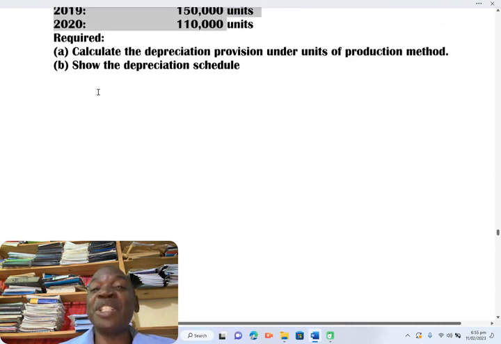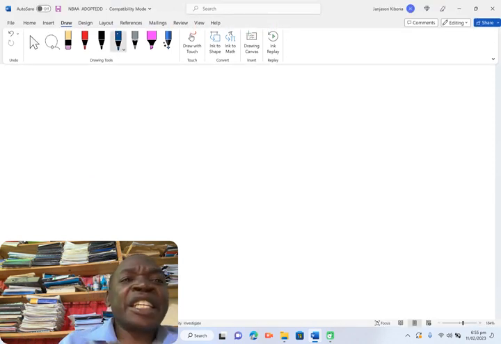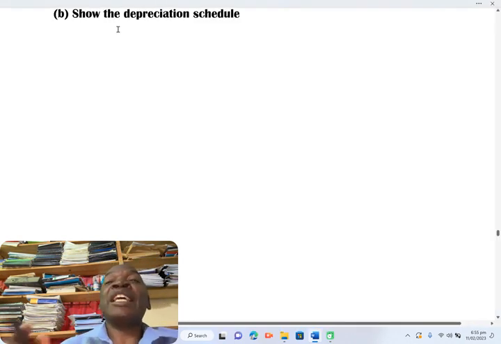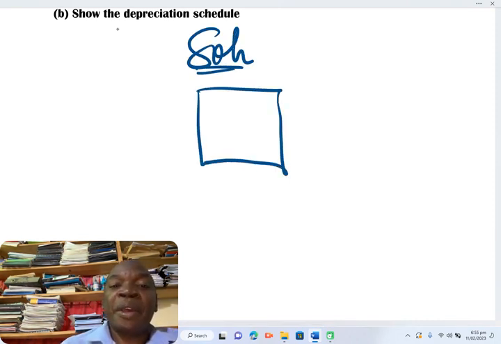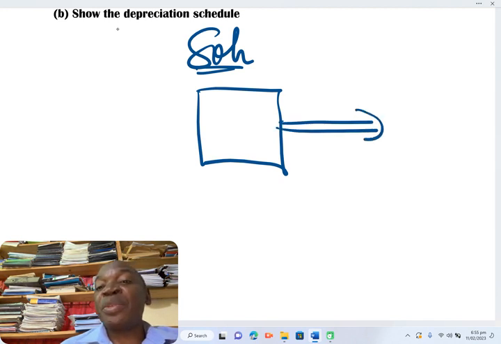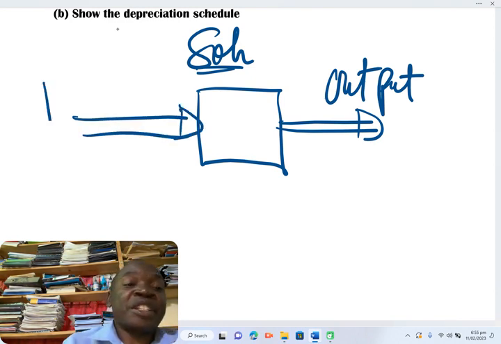As you see, this machine, as I told you, there is an indication of using the unit of output method. So a machine is here, it is producing output, where there are certain inputs in it.